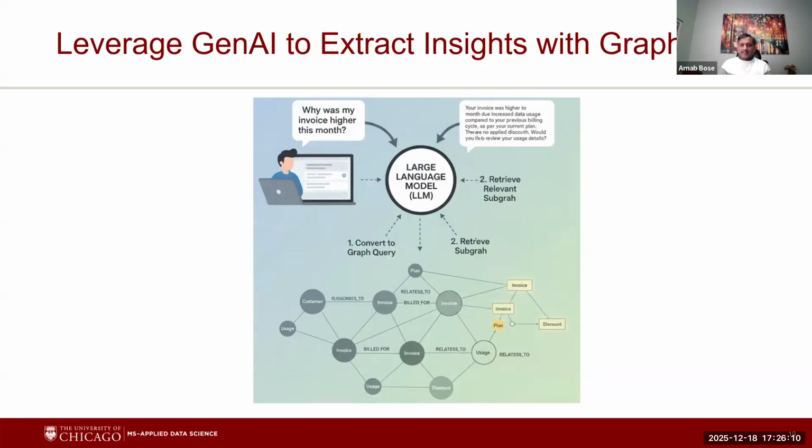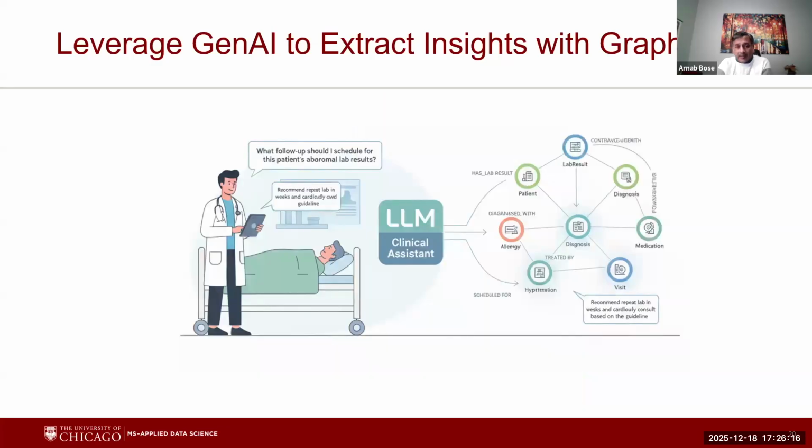Similarly, this is an example from an individual, a consumer example. This is a healthcare example where the physician is asking a question to the LLM, like a clinical assistant. That LLM is now tapping into a knowledge graph that has all the relevant information about this patient.